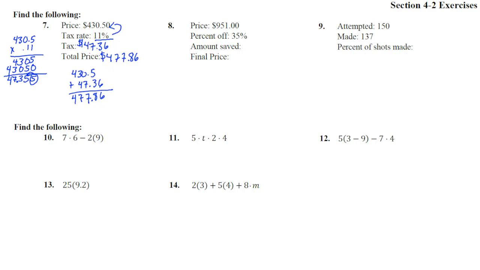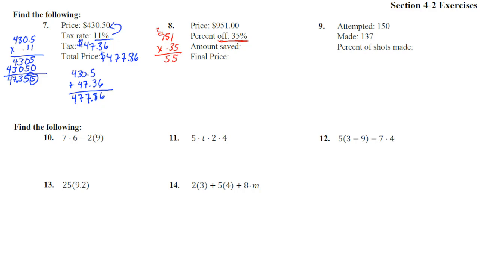Good. Number 8. Price is $951, and then this is a percent off. So this 35% is going to be subtracted, not added. That's a good distinction. 951.00 times 0.35. Remember, move it 2 decimal places, 1, 2, to get it into a decimal so we can times it. 5 times 1 is 5. 5 times 5 is 25.